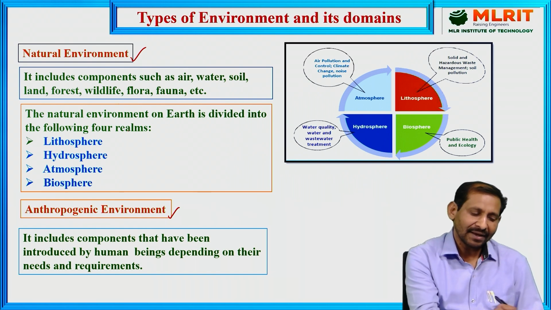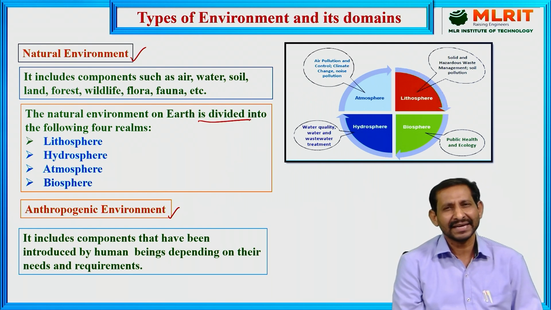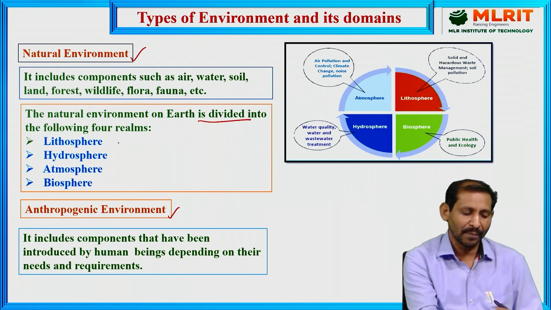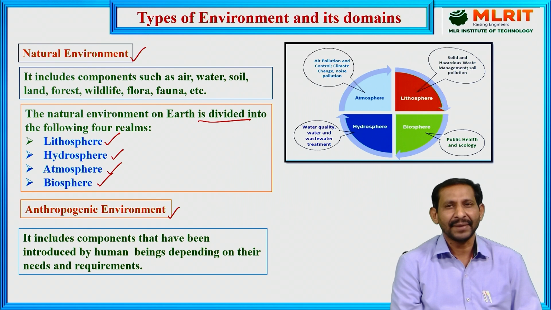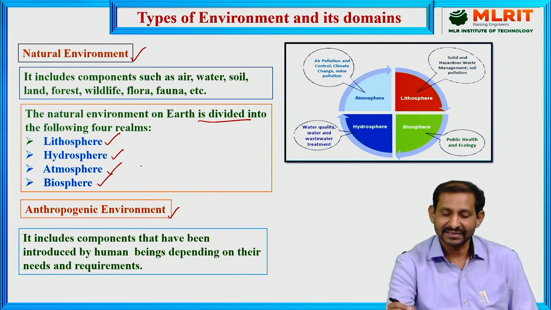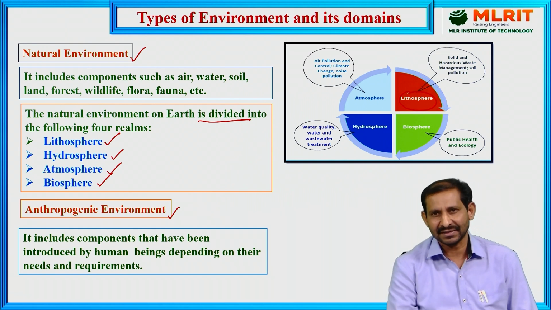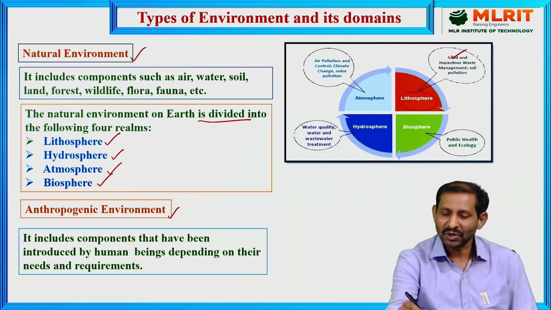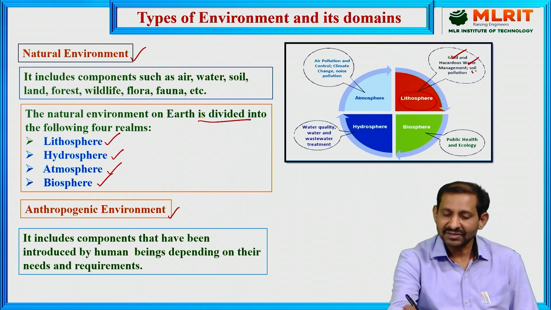The natural environment on the earth is divided into four major domains: the lithosphere, the hydrosphere, the atmosphere and the biosphere. These are explained diagrammatically on the right side. First is the lithosphere, concerned with soil, solid and hazardous waste materials and soil pollution.